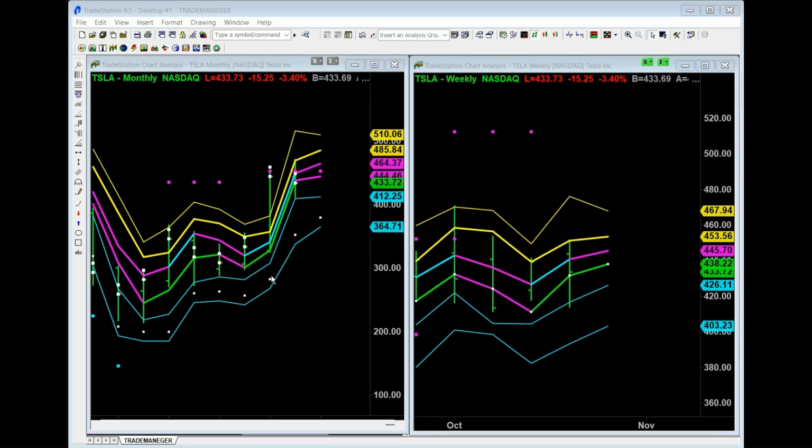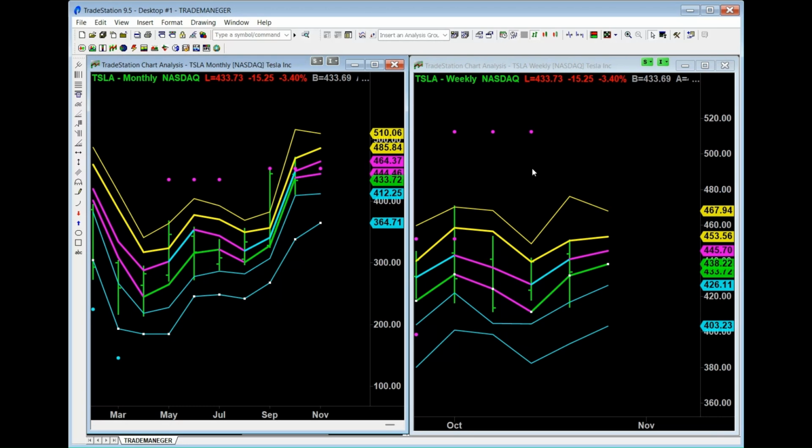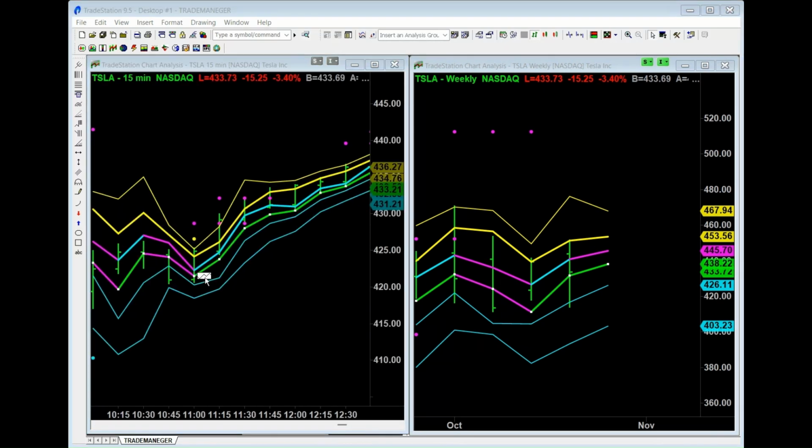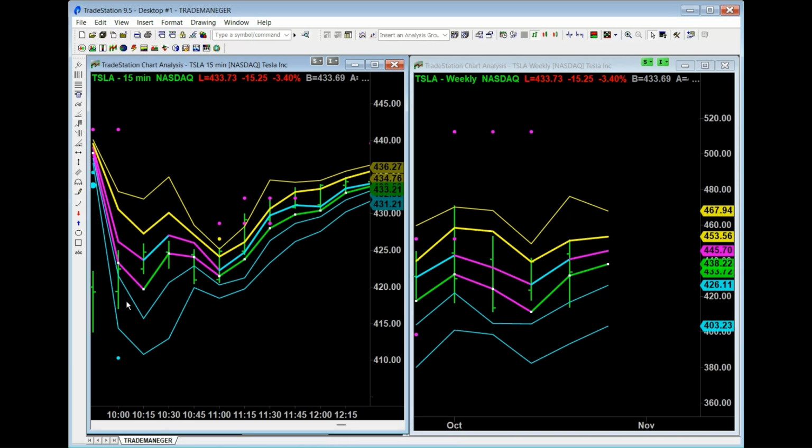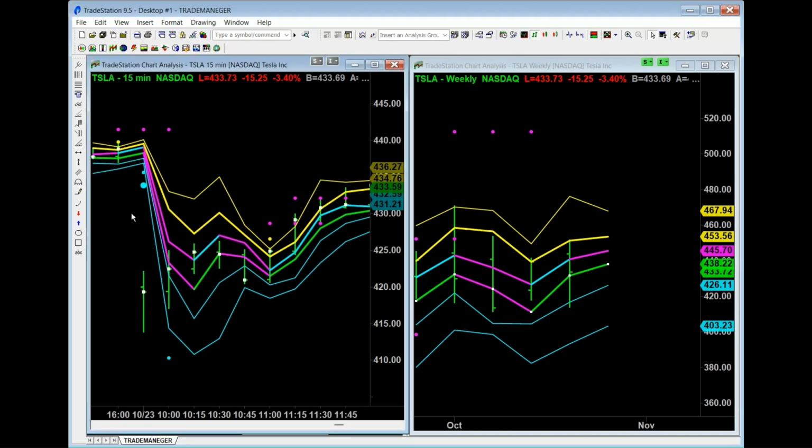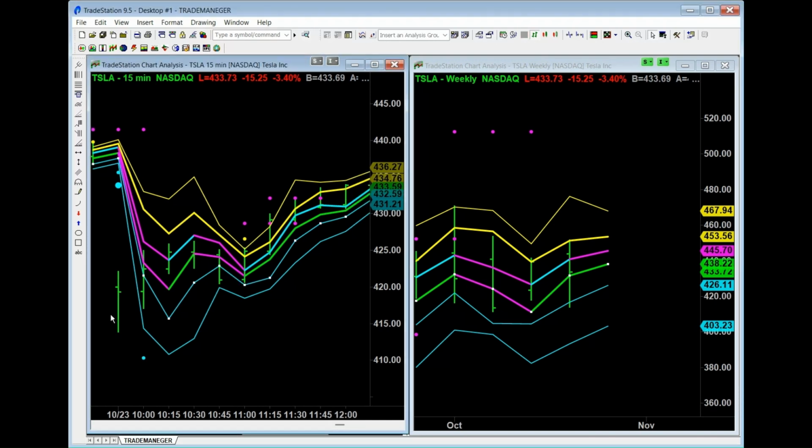For example, I can also show it in the 15 minutes chart. So this is October 23rd. It opened low, much below these trend lines. So you have to wait until it moves into these trend lines, and then it has some potential to increase in price, to have a price reversal.